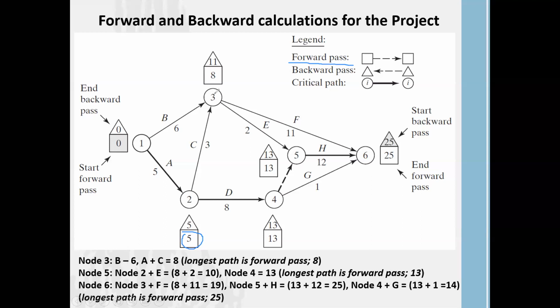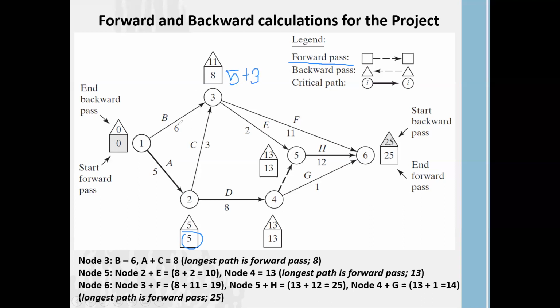Therefore, you start task 3 once you complete task 1 and task 2. So for node 3, the forward pass is 8. That means you have to wait 8 weeks to start task 3. 5 plus 3 equals 8.